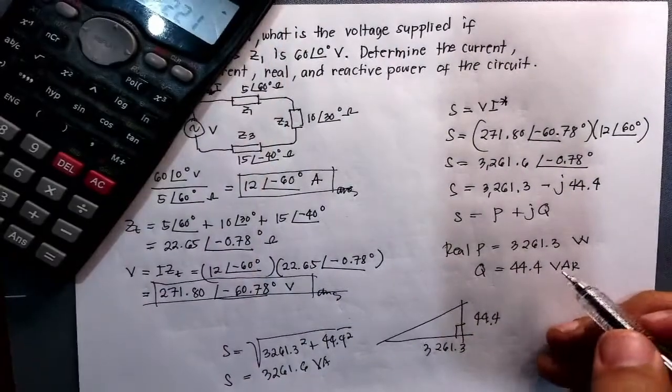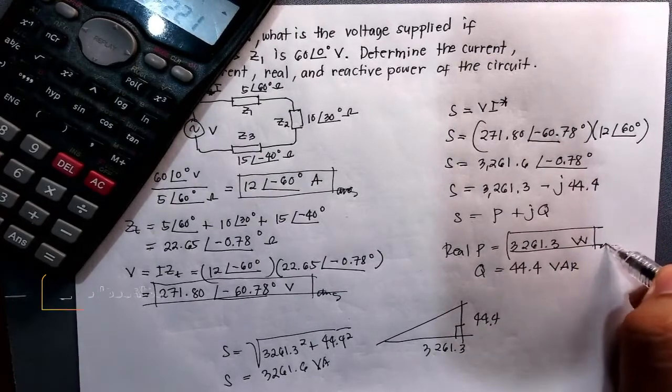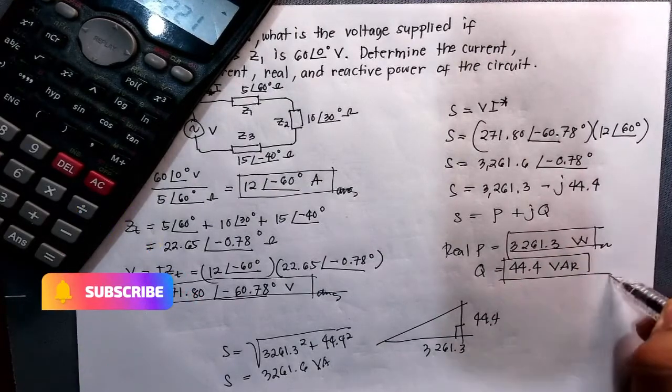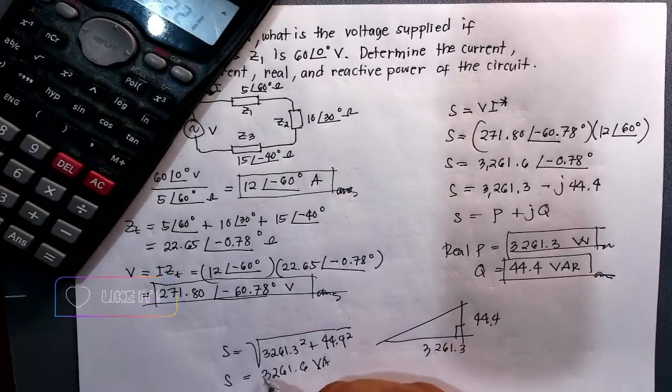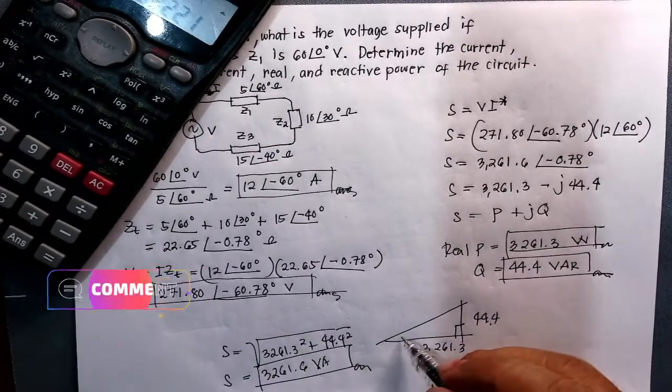So these are the results. This is for the real power, and this one for the reactive power, which is more capacitive, and the apparent power.